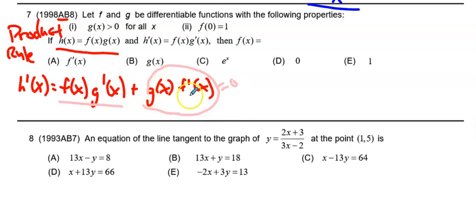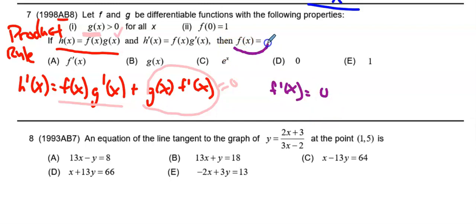If g of x is 0 or f prime of x is equal to 0, then the true derivative would just be this first term. It's also telling us that g of x must be greater than 0, which means that this is not 0. That's why they're telling you this. So that's telling us that f prime of x must be equal to 0.